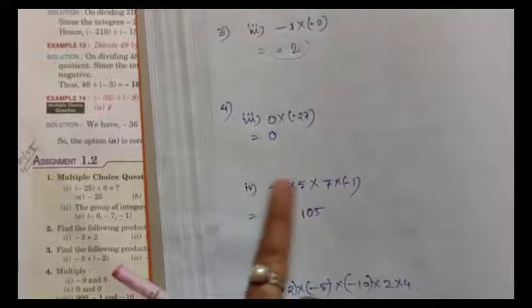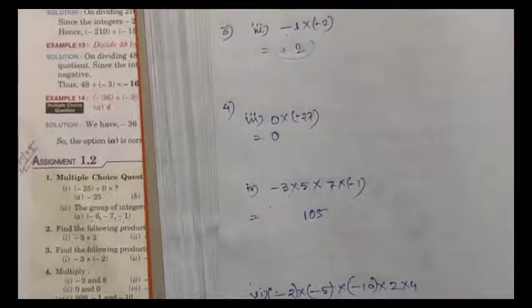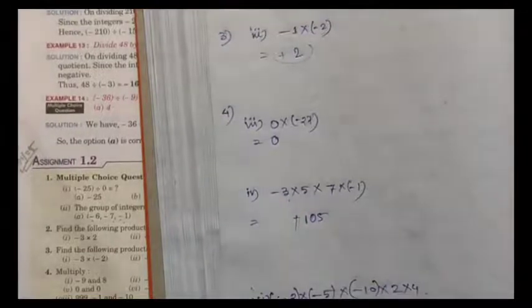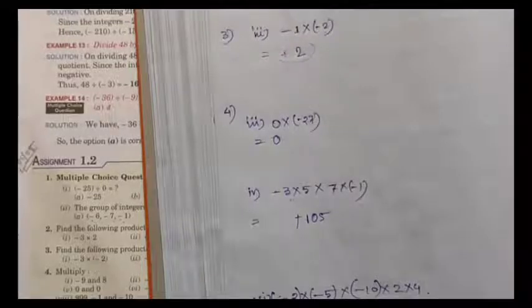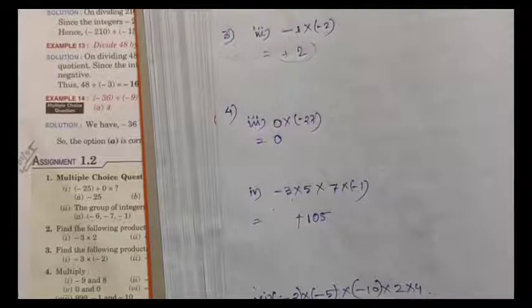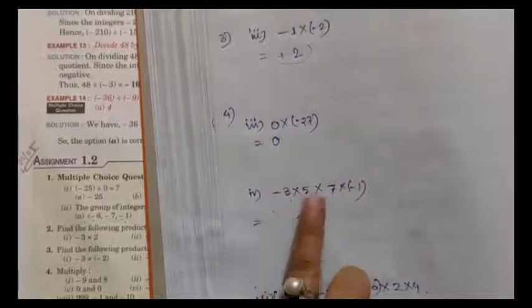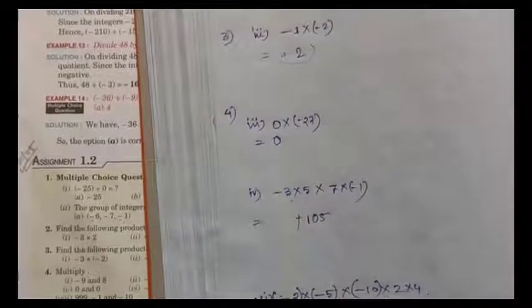Here minus occurs 2 times, but 2 is an even integer, so here it is plus. You have learned in your previous class that when minus occurs an even number of times, the sign of the product will be plus, and if minus occurs an odd number of times, the sign of the product will be minus.